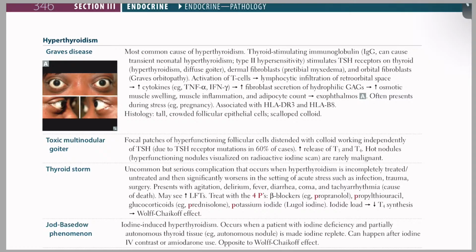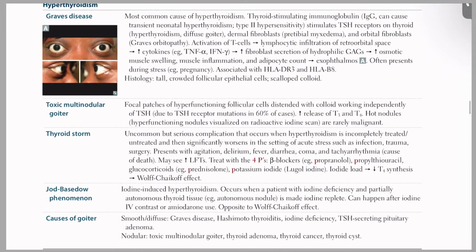Hot nodules, hyperfunctioning nodules visualized on radioactive iodine scan, are rarely malignant. What is toxic nodular goiter? Focal patches of hyperfunctioning follicular cells distended with colloid working independently of TSH, due to TSH receptor mutation in 60% of cases. Increased T3 and T4. Hot nodules are rarely malignant.